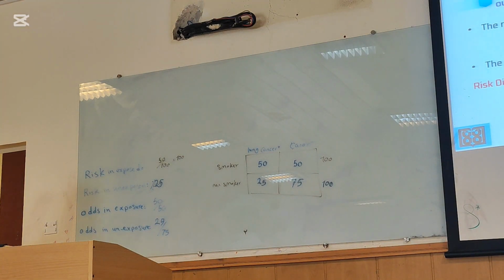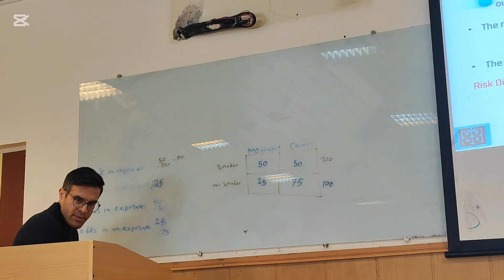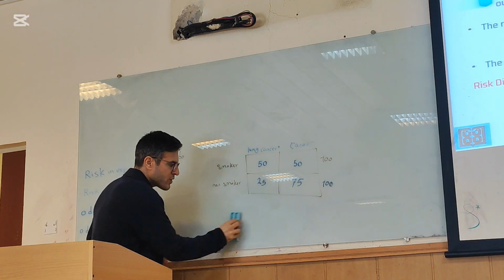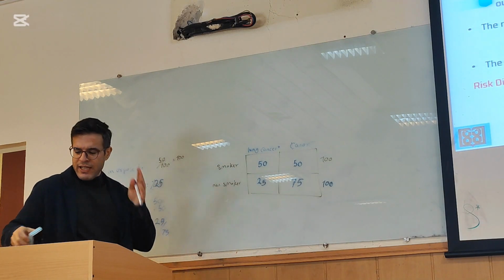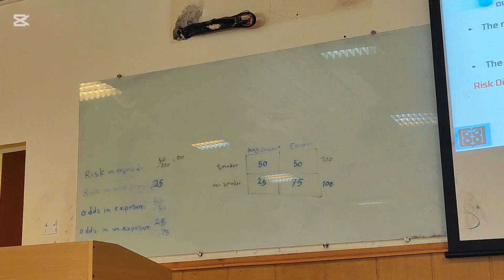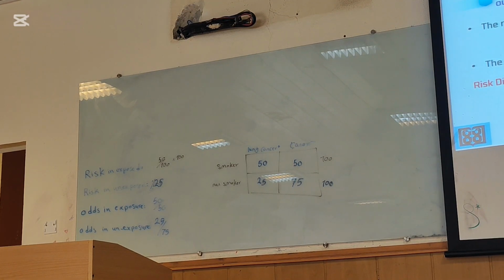Right now, we want to talk about the ratio approach. Finally, at the end of the class, we will talk about the absolute or difference approach. But right now, we want to assess the association between being a smoker and lung cancer using the ratio approach.